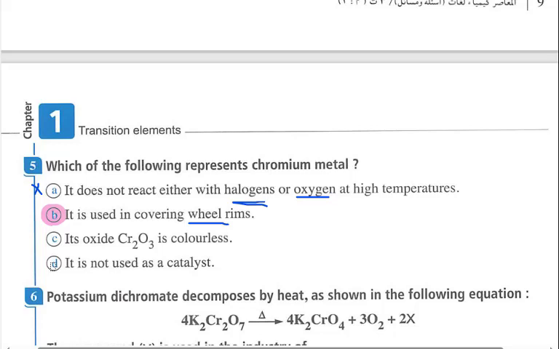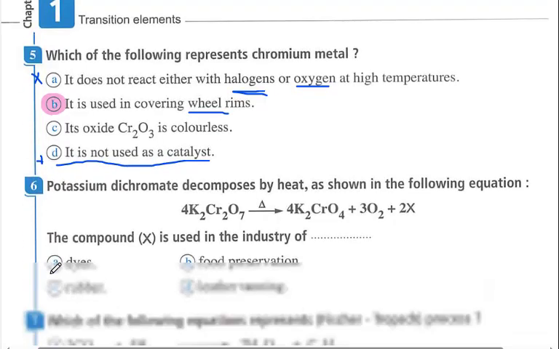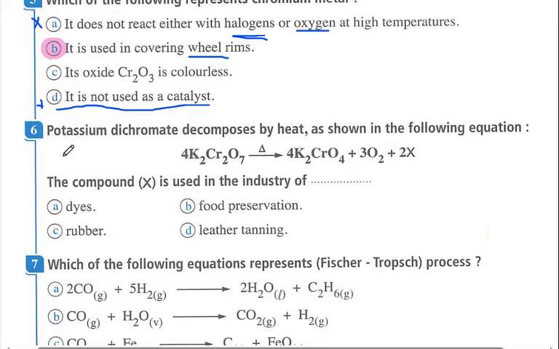So it can weaken the bonds between the reactants themselves, so it decreases the activation energy. So in general, all the transition elements are used as catalysts, one of them is chromium, so it is not correct here also. Okay, let's have another example.